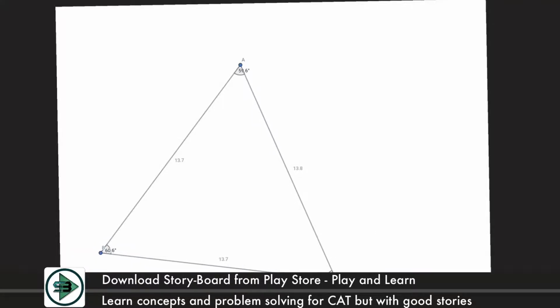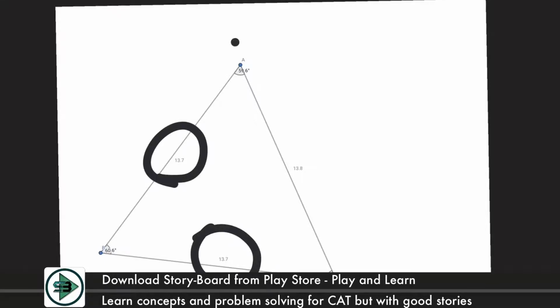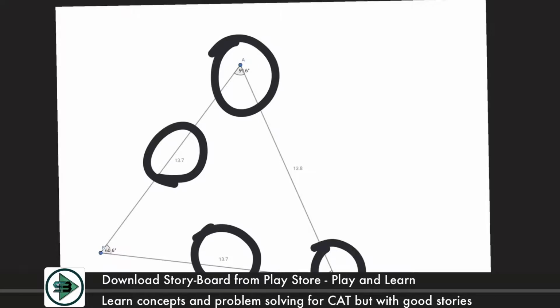Now if I just try to play with it, AB becomes equal to BC. In this case, both AB and BC you can see here are 13.7. So angle A becomes equal to angle C, which is 59.6. So again proved, if 2 sides are equal, the 2 angles adjacent to those sides will also be equal.